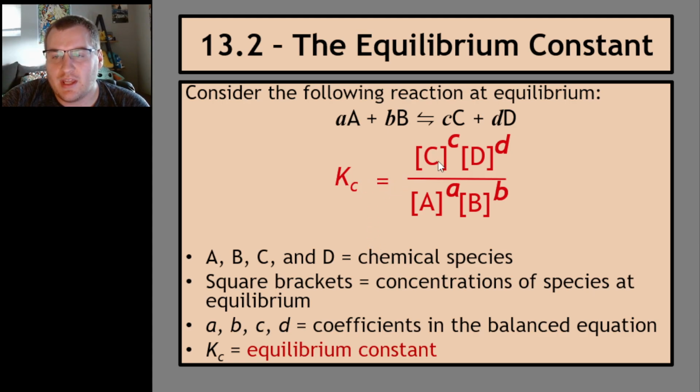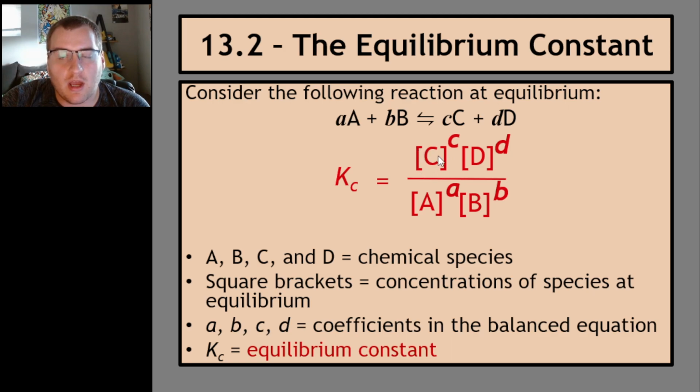Kc equals this expression. It looks complicated, but it's products over reactants. So on the numerator, you're going to have your products. You have C and you have D. We put it in brackets because we're interested in concentration. That's actually what the little c stands for, is concentration. So we put it in brackets because that's the molarity of that thing.